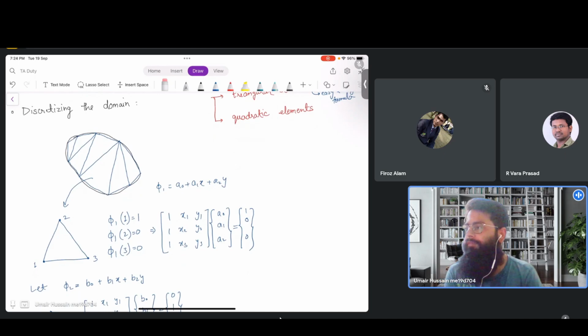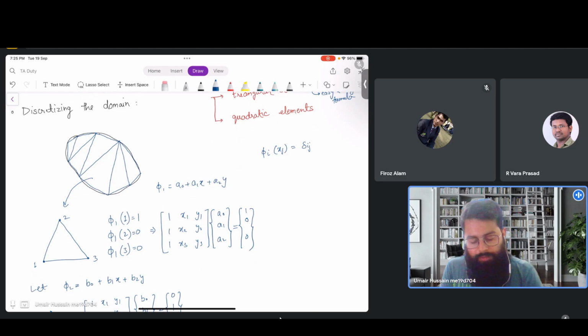If we want the approximation function for each of the three nodes of the element, we know that the approximation function follows this: phi_i at x_j is always equal to delta_ij. What does this mean? If we are calculating phi for node 1, it would give value 1 at node 1, and at the rest of the nodes it would be 0.